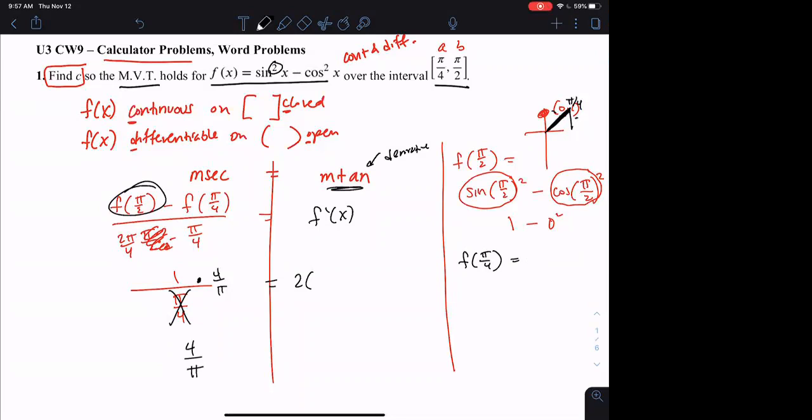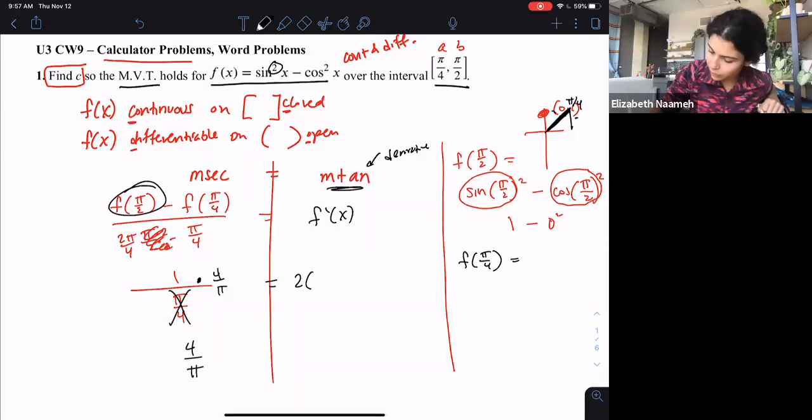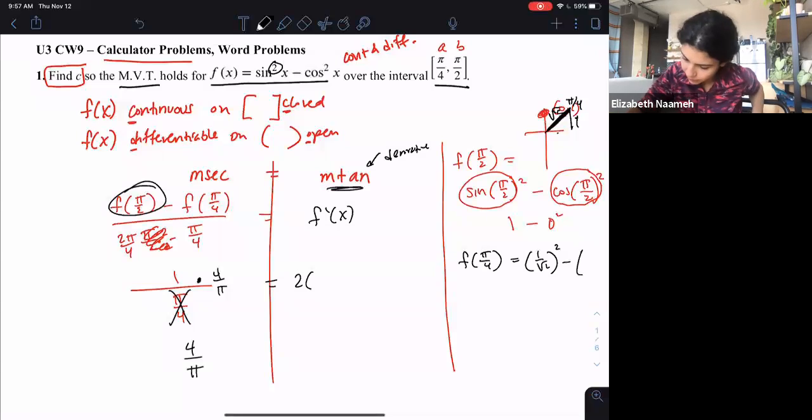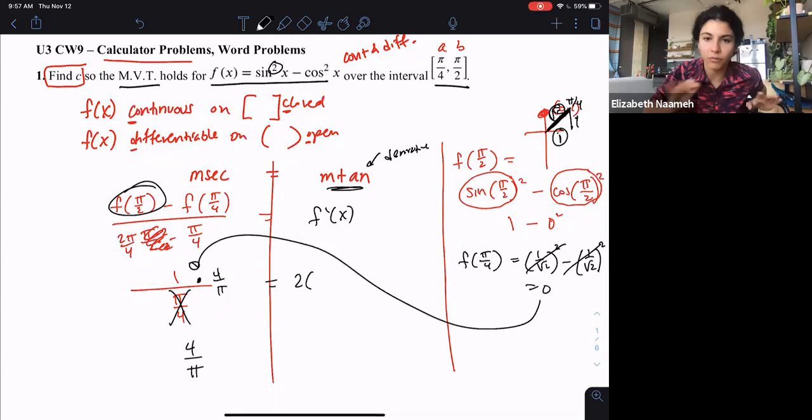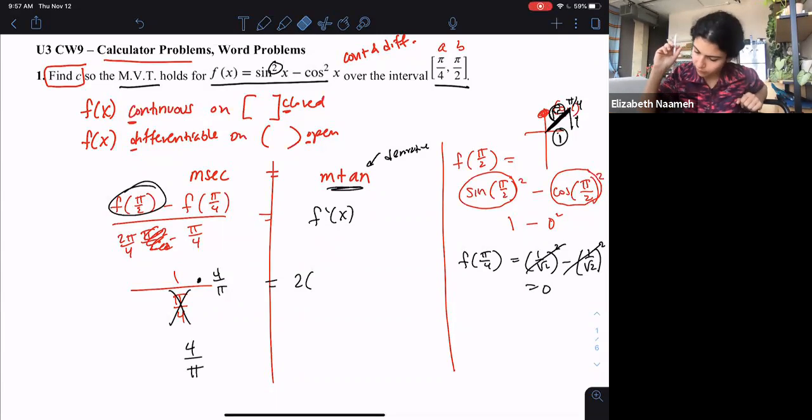So y over r would be 1 over radical 2, and I'm going to square that. Minus, isn't the sine and cosine here the same for a 45? X over r is also 1 over radical 2. We're going to square that. So that cancels, it gives me 0. And I just happen to have the same work. But thank you for catching that, Kaylee. So it was really 1 minus 0 on top.